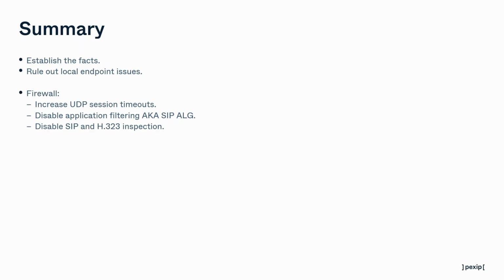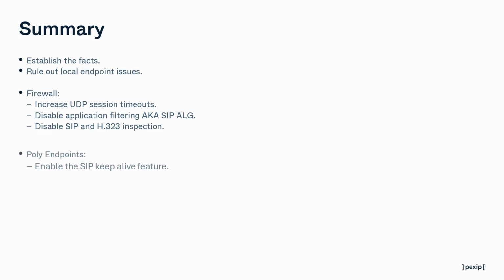In summary, if you experience content sharing issues, consider the following. Establish the facts. Rule out local endpoint issues, such as HDMI cable issues. On the firewall, increase UDP session timeouts, disable application filtering, also known as SIP ALG, and disable SIP and H.323 inspection.